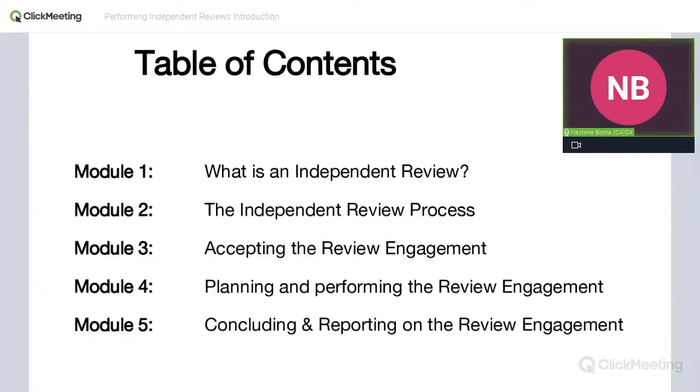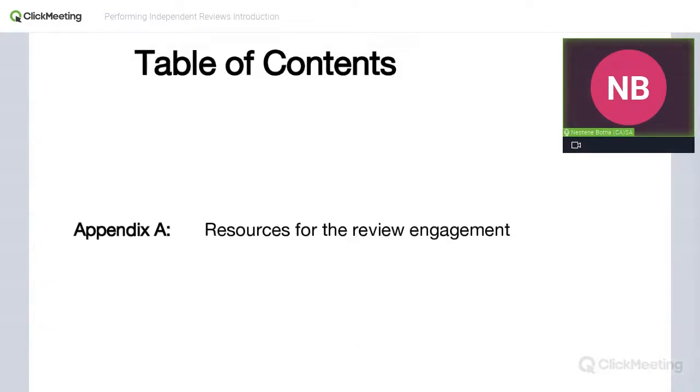In this session, what we will cover is what exactly is an independent review, the independent review process, accepting the review engagement, planning and performing the review engagement, concluding and reporting on the review engagement. And then I also have a beautiful appendix for you with all of the resources for the actual review engagement.